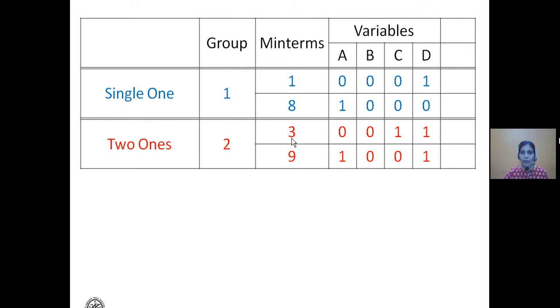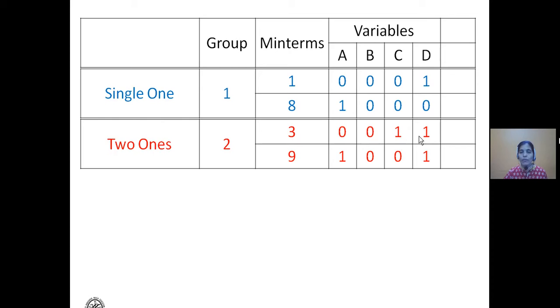Then 8 will be compared with 3 and 8 will be compared with 9. And each of these comparisons will be looking at if there is one variable change, only then these two min terms can form a pair. So if we compare 1 with 3, A is 0, B is 0, C is changing, and D is 1.